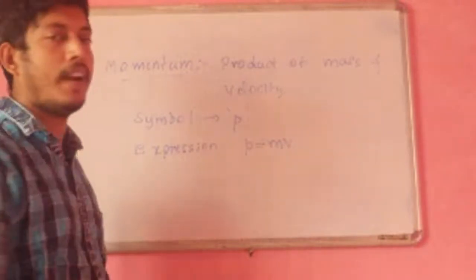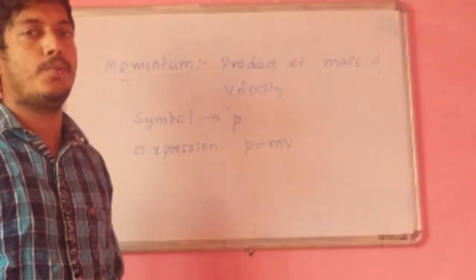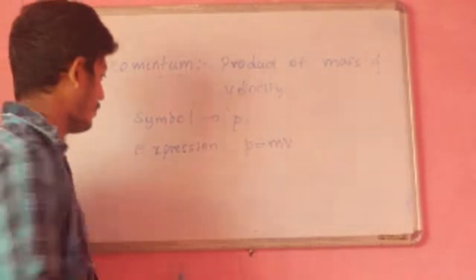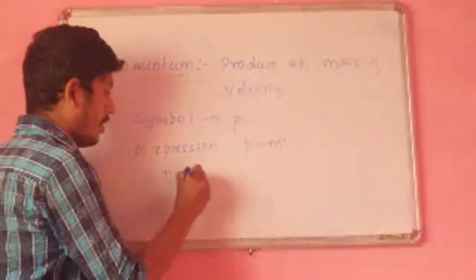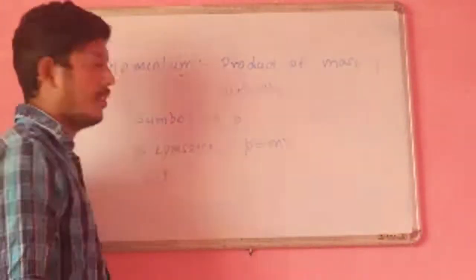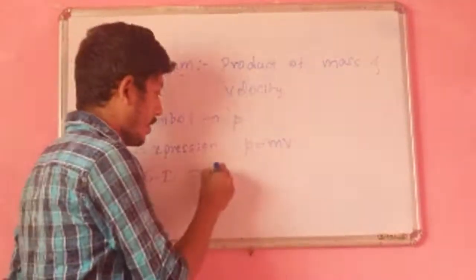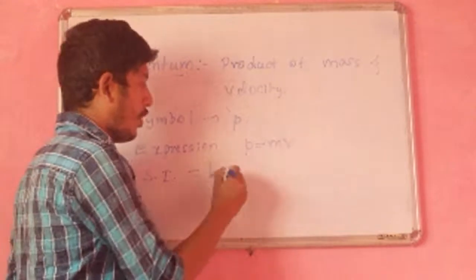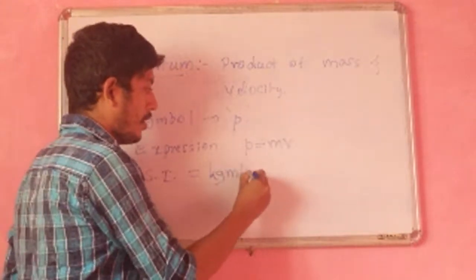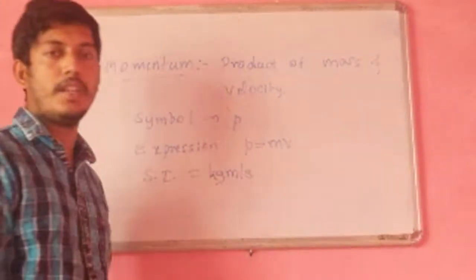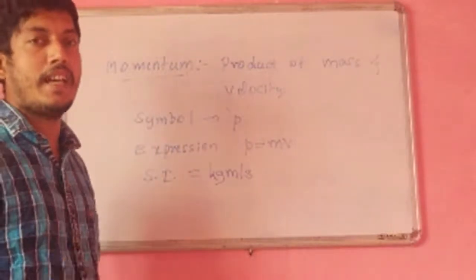Generally we will write p equals m into v. Then the SI unit. The SI unit of mass is kg, the SI unit of velocity is meter per second. Kg meter per second is the SI unit of momentum.